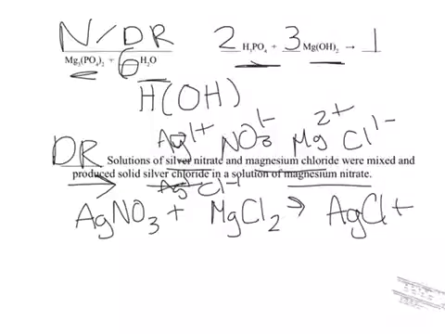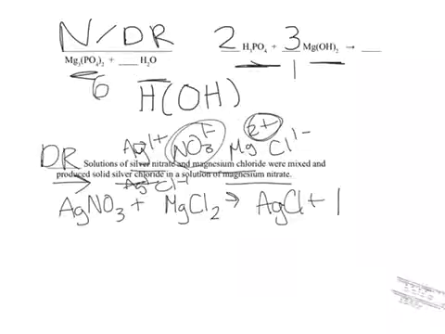And our last compound is magnesium nitrate. Magnesium is a +2. We said that earlier. Nitrate is a -1. So it becomes Mg(NO3)2. Balance out the charges.